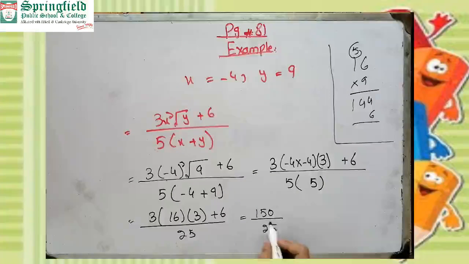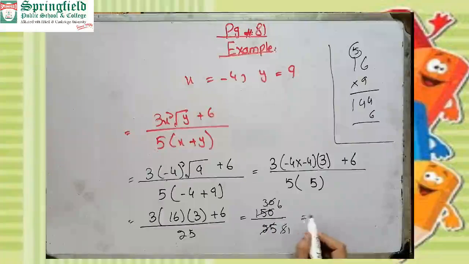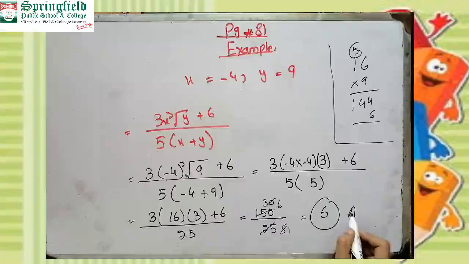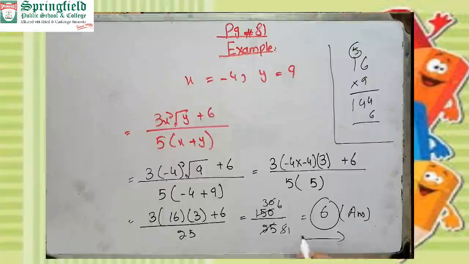When we divide 150 by 25, what will be the answer? 5 fives are 25, 5 threes are 15, and 0, 5 ones are 5, 5 sixes are 30. It means 6 is your final answer after putting in the values.